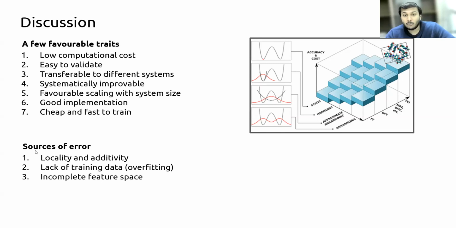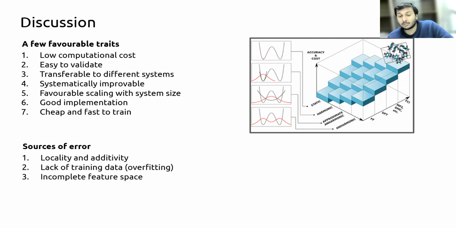Now, it's important to know what the sources of error in these machine learning models are. The first error comes from the locality assumption, that everything is short-ranged and everything is additive. There are many forms of potentials which are actually non-additive, and van der Waals interactions are the best example of that. But in this case, we do assume that all your individual energy components can be added just like that.